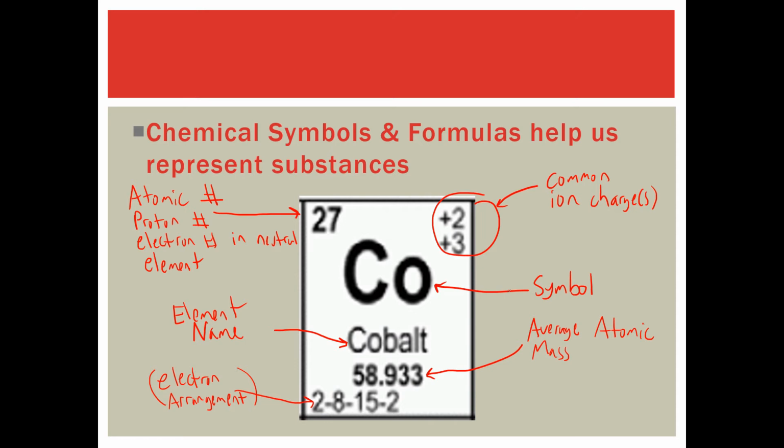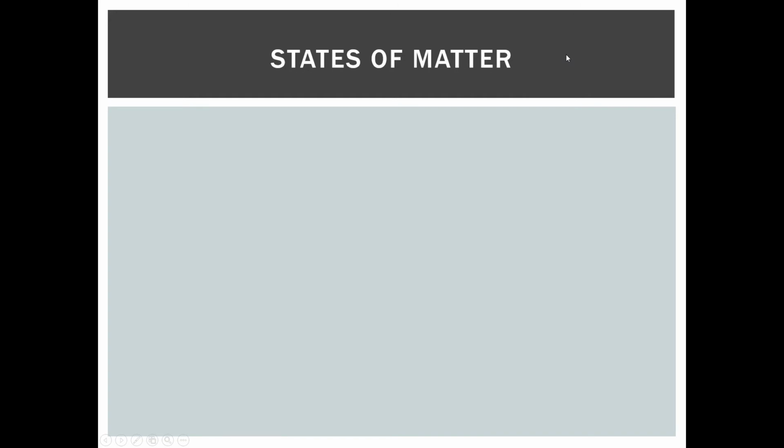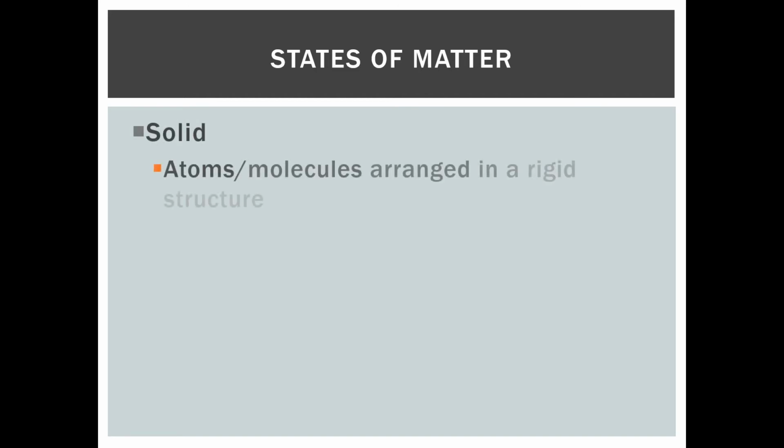Alright. Now, one last thing to review are the states of matter. So in probably Science 7 or something like that, you guys probably discussed the states of matter, and there were 3 states of matter. We know them. There's actually more, but we discussed 3 main ones. Solids, where the atoms and molecules are arranged in a very rigid structure.